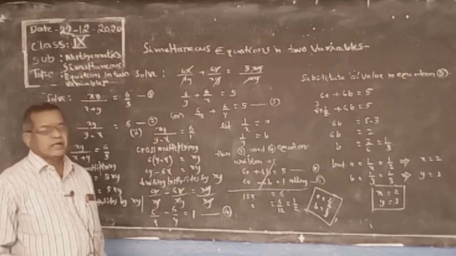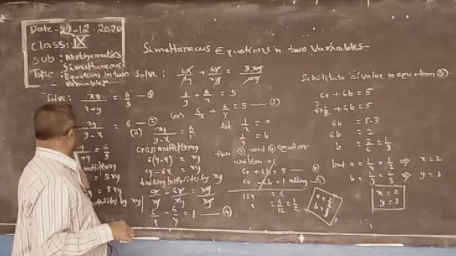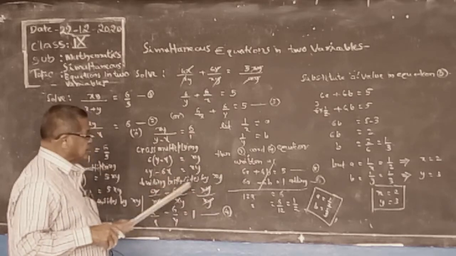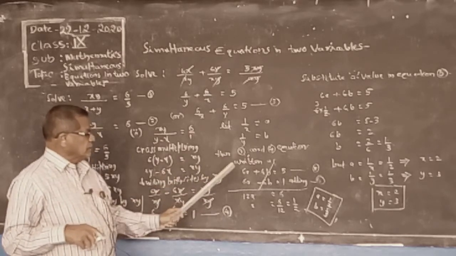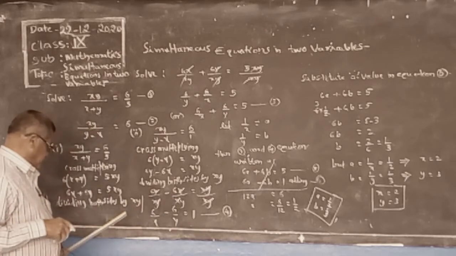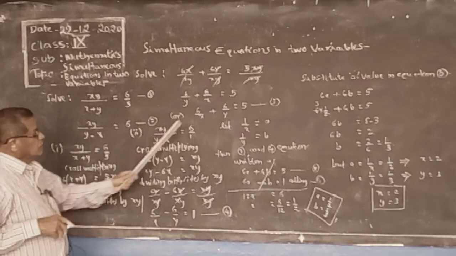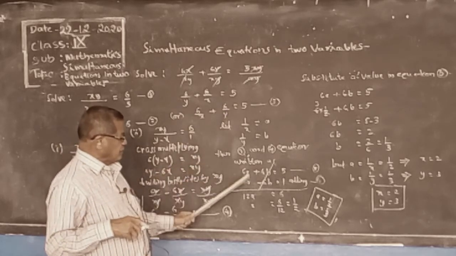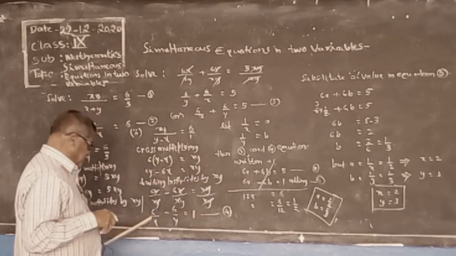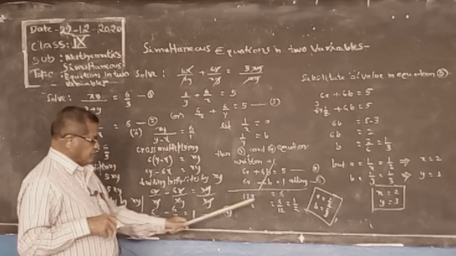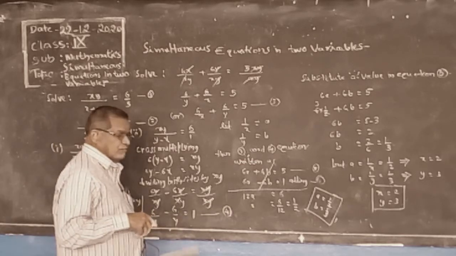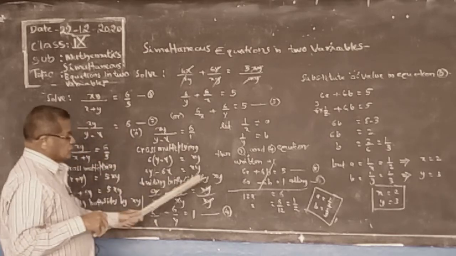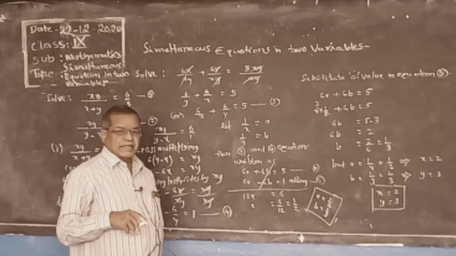To take any other letters except x, y, then the 3rd and 4th equations become 6a plus 6b is equal to 5, and 6a minus 6b is equal to 1. We have taken 1 by y as b and 1 by x as a.